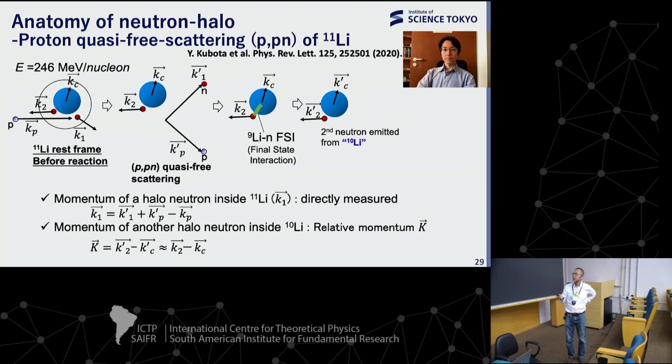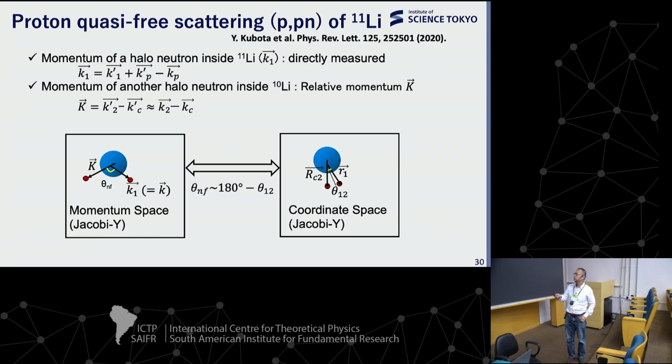Starting from the ground state, we just knocked out one neutron suddenly, so lithium-11 itself is not excited. This is a different experiment. We don't have three-body relative energies in this case.